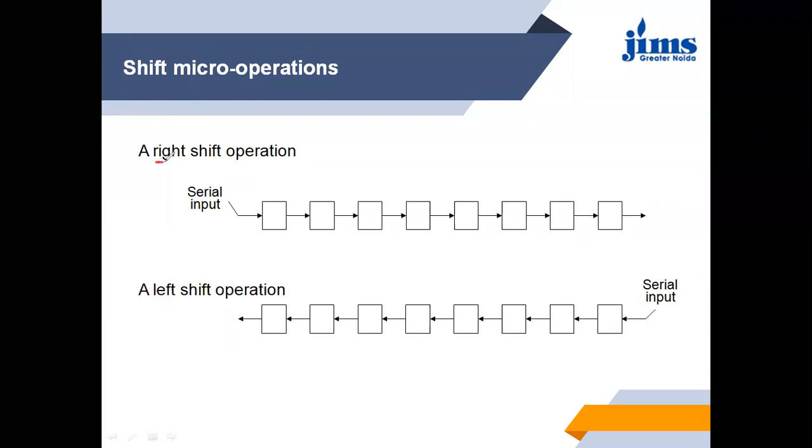When we are doing a right shift operation, we are moving the content of a bit one bit to the right at a time. So when we perform the right shift operation, the content of this will transfer over here, the content of this will transfer over here, and so on. Means the content of bits is transferred one by one to the right.